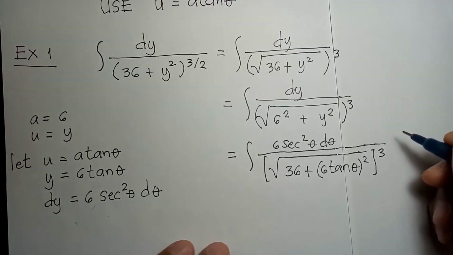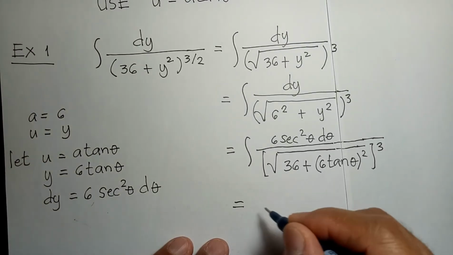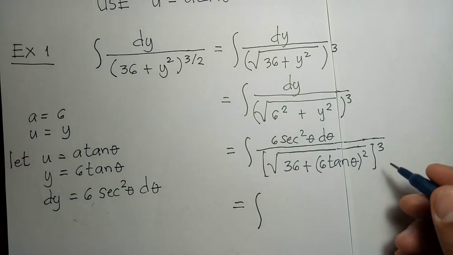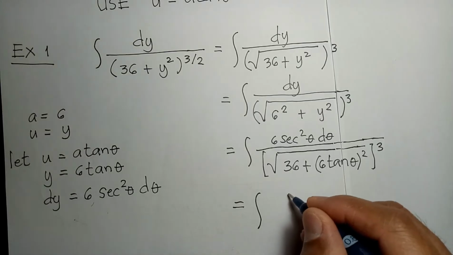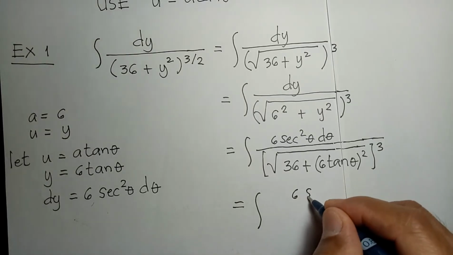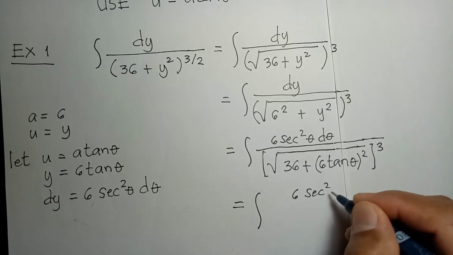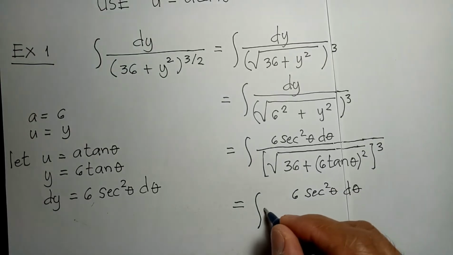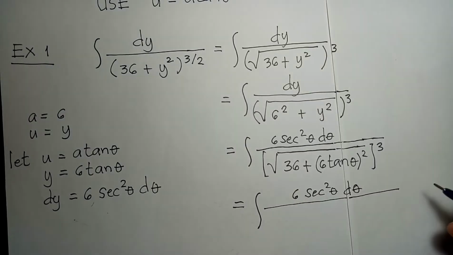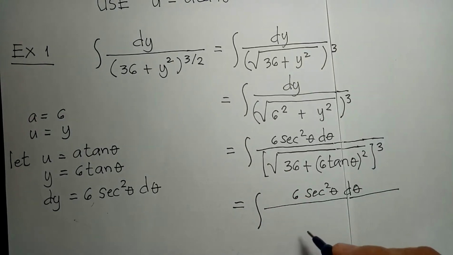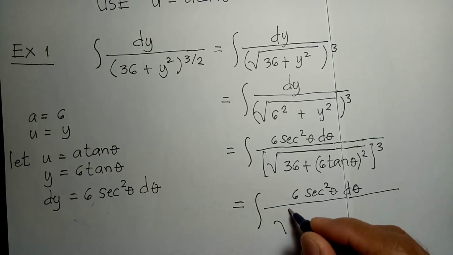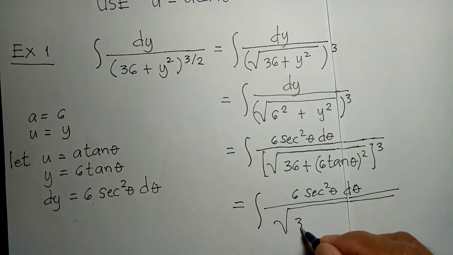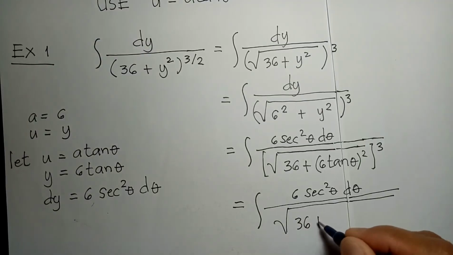Okay? Tapos, magkakaroon tayo ng integral of, so, copy lang, 6 secant squared of theta, d theta, divided by, so, meron tayong square root of 36 plus, no?